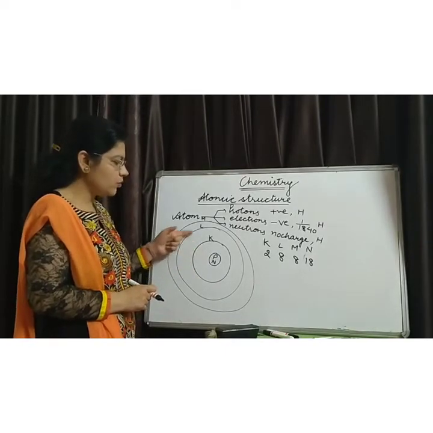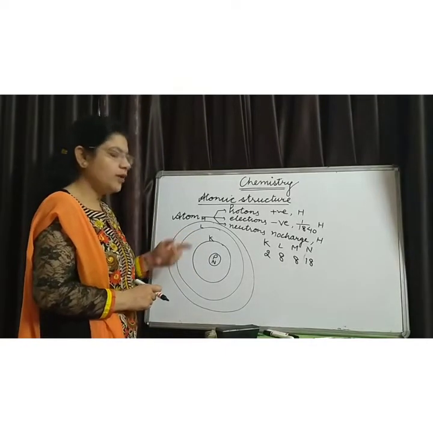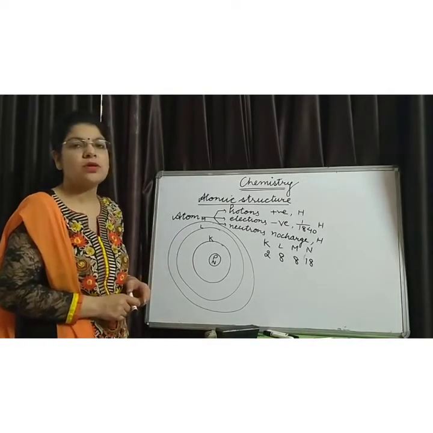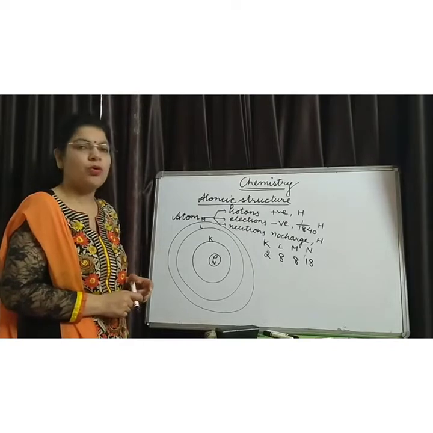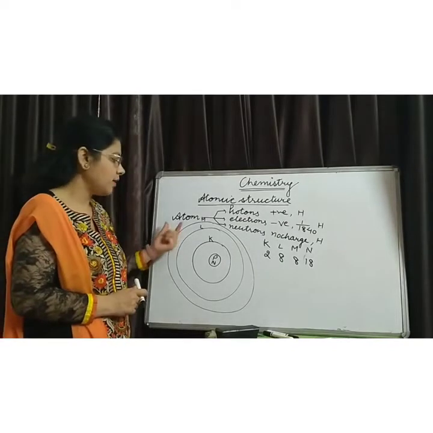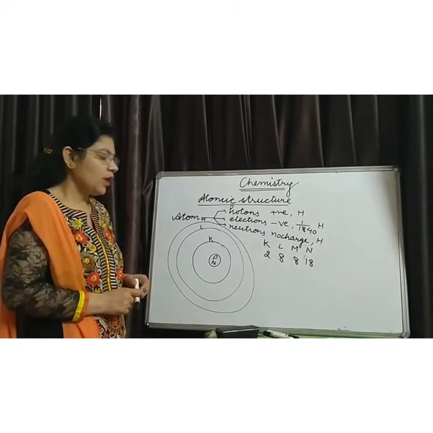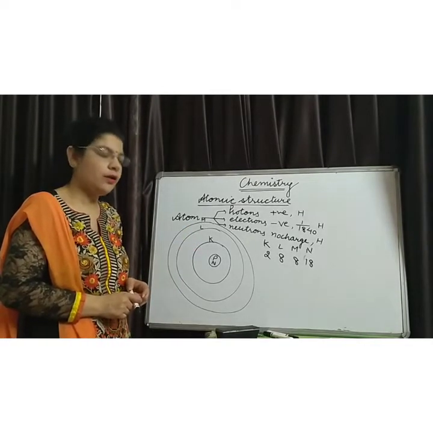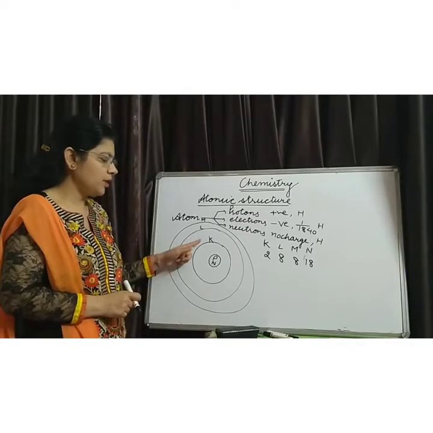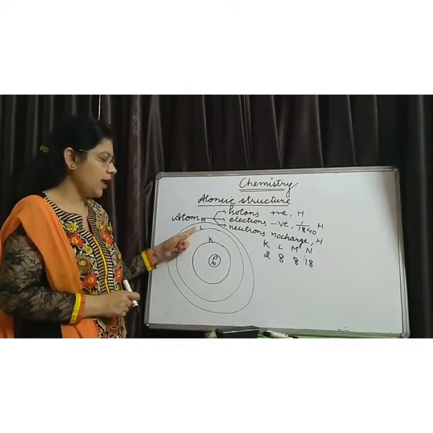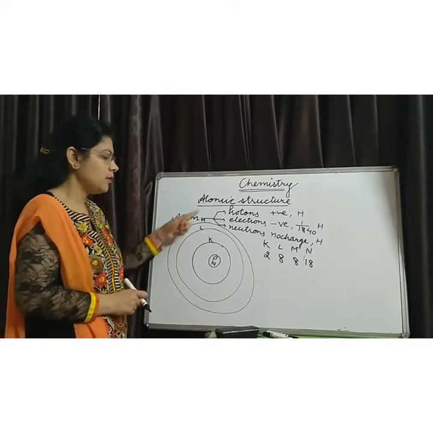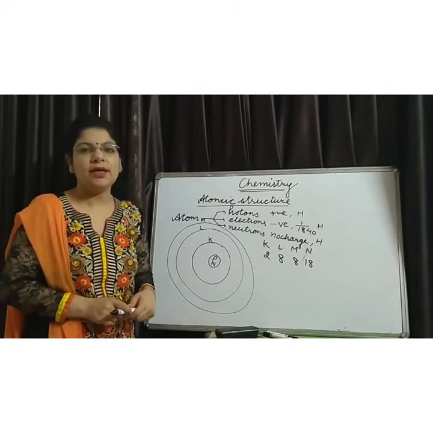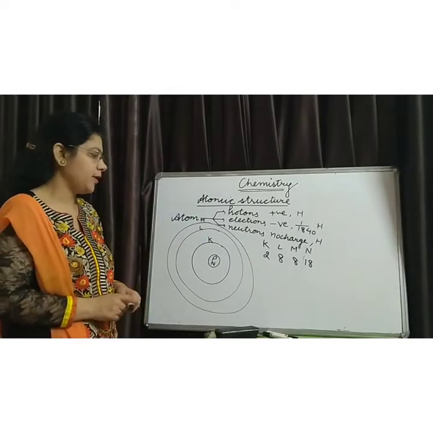And outside the nucleus, different orbits are present in which electrons are present, or the negative charge of the atom is present. And in different shells, the capacity for electrons is different. For example, in K shell, 2 electrons, L 8, M 8. After this, N shell is present. In N shell, maximum 18 electrons can be occupied.